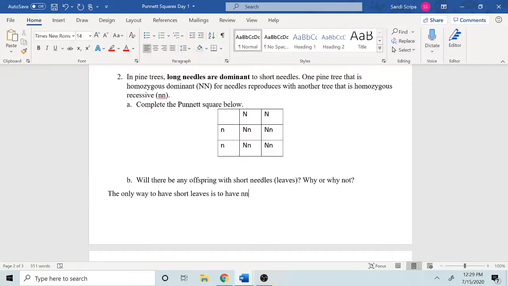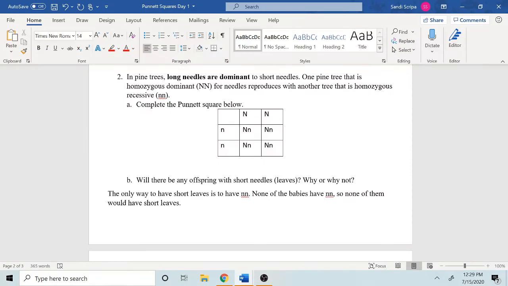So if there was big N, or big N, it would cover up. It would make it long leaves. So the only way to have short leaves is to have little n, right? So if we're looking at our babies, none of those boxes have little n. So none of the babies have little n, so none of them would have short leaves.